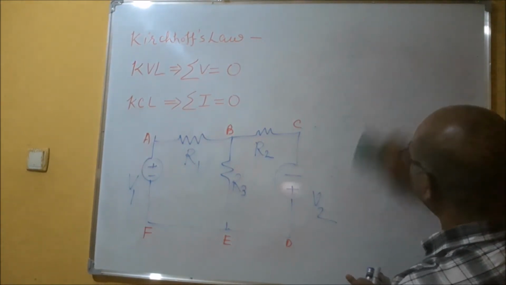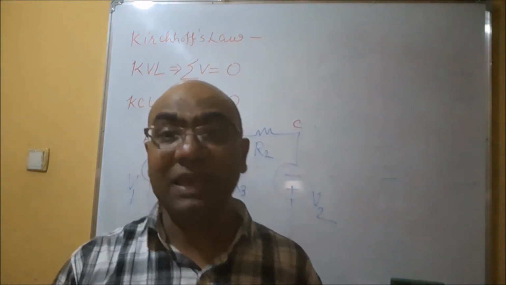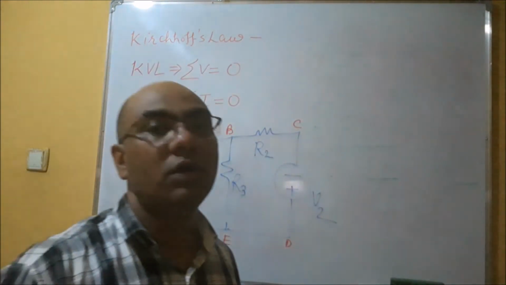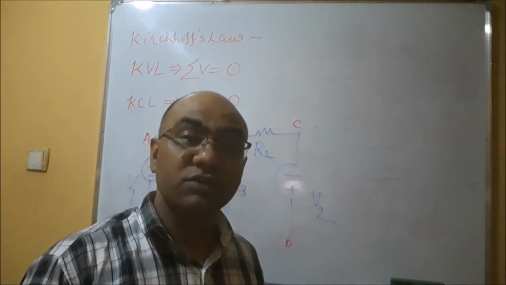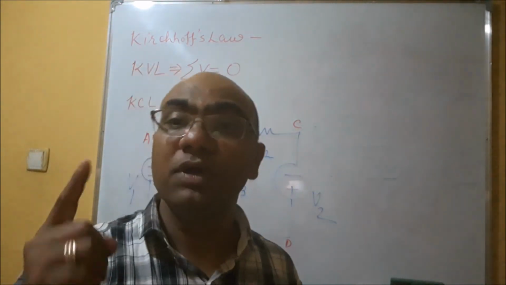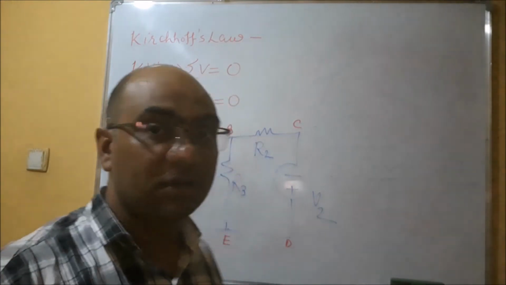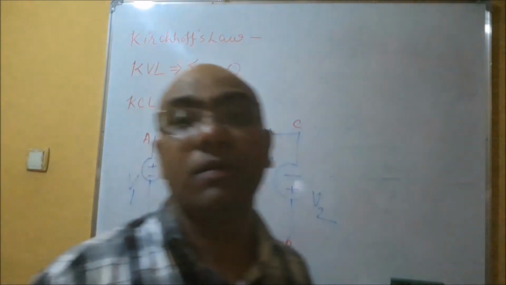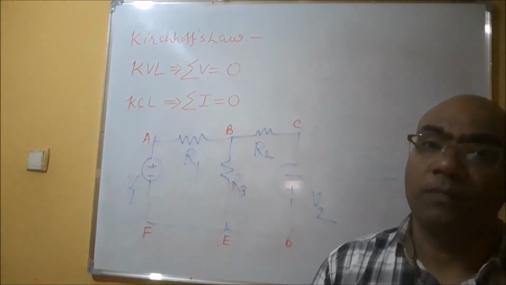The first point is that when you are going to apply KVL, Kirchhoff's voltage law, in any circuit, first of all, you will choose any one voltage source of your choice. Suppose in this circuit there are two, maybe more than two voltage sources.